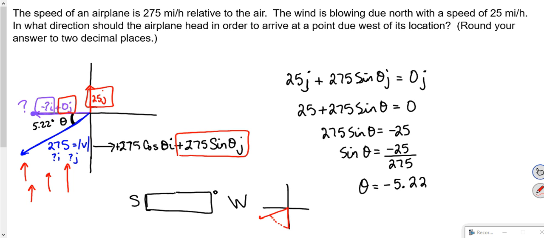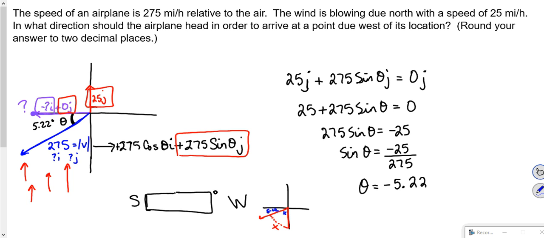They want this degree measure in there. I should have put my X inside here. Well, I know that this one out here is 5.22. Sorry, that's so little you probably can't even see it. So how do I get that?